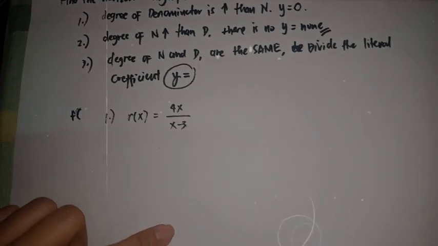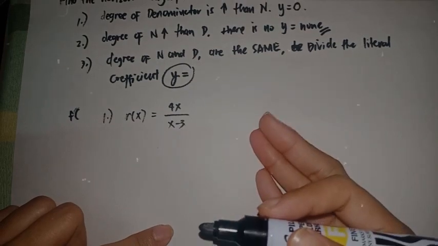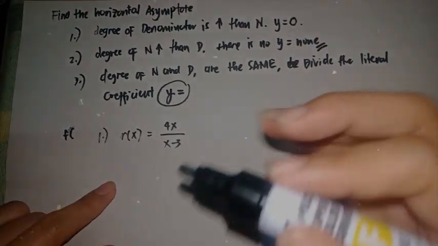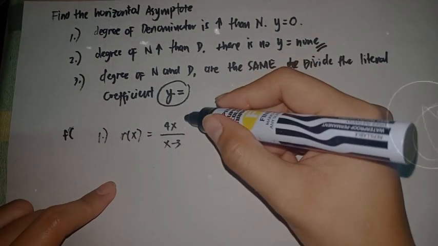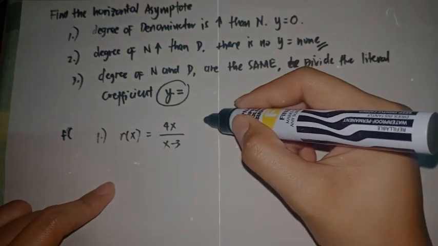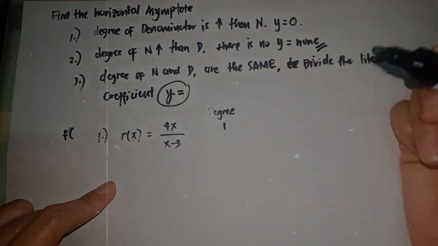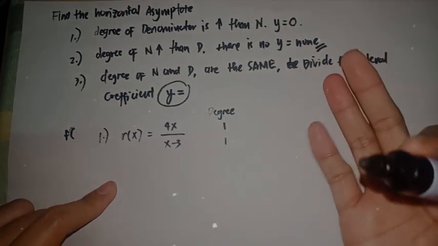Okay, so we found out the vertical asymptote. Now, how about the horizontal asymptote? Let's identify first the degree of our numerator and denominator. What is the degree of our numerator? The degree is 1. How about the denominator? The degree is also 1.